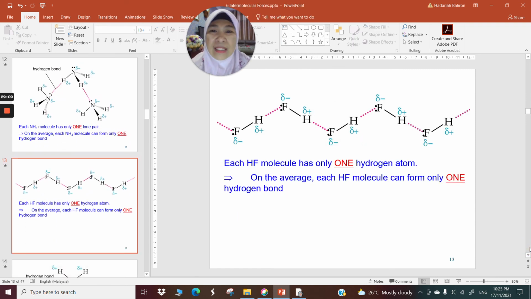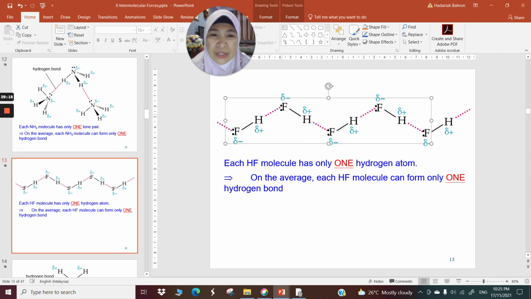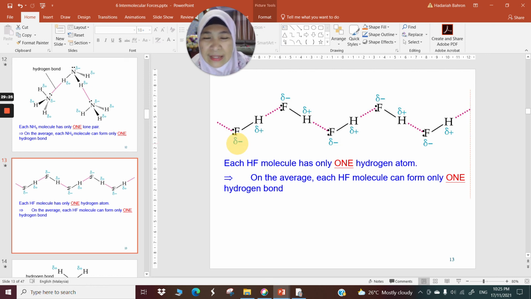Now let's have a look at HF, which is hydrofluoric acid. This is one HF molecule. This is another HF molecule. You can see here this is a very, very polar bond. There is a delta negative on each fluorine and a delta positive on each hydrogen.